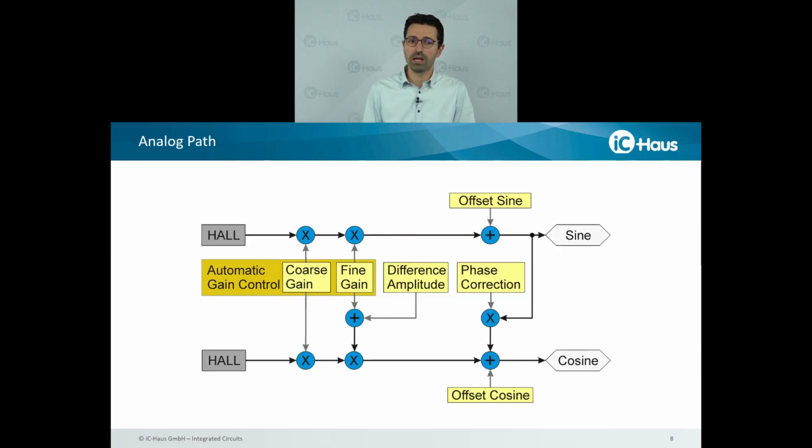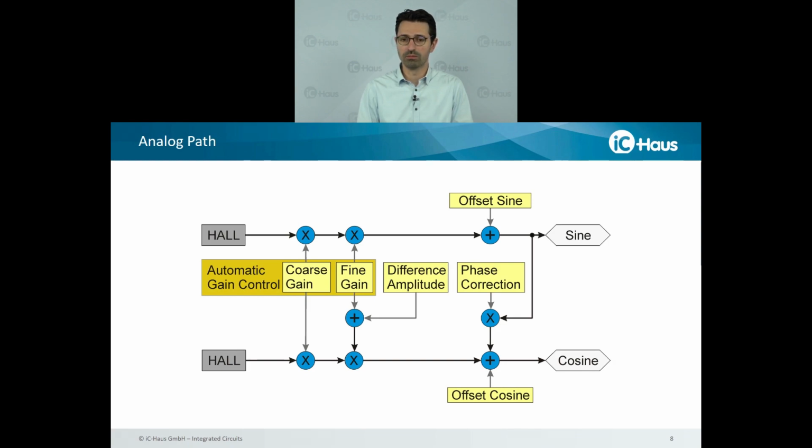So let's see how the analog part is done. We have the Hall sensors scanning the magnet, and these sensors have 2 amplification stages, a coarse gain and a fine gain. Both are controlled by automatic gain control, and you simply have to switch on these and then you are fine. Also, due to some mechanical tolerances which we allow for mounting, the signals are not perfect.